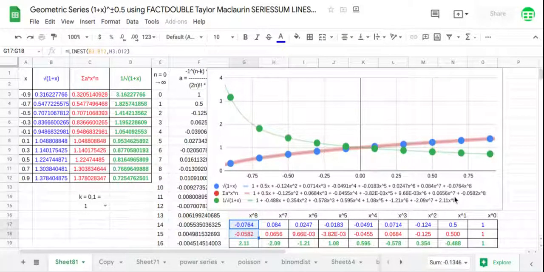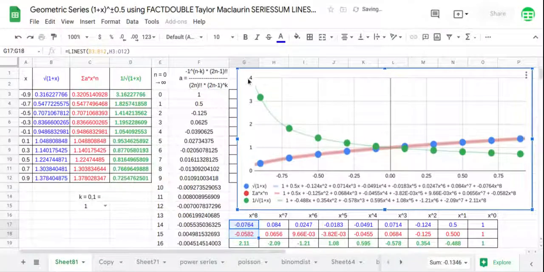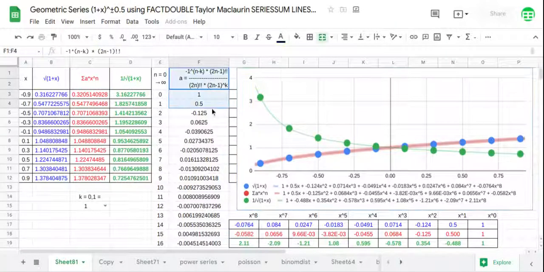Coefficient of x to the 8th, minus 0.0764, negative 0.0582, and 2.11. This completes the use of double factorial to generate the Taylor-Maclaurin series expansion coefficients of the square root of 1 plus x and its reciprocal.